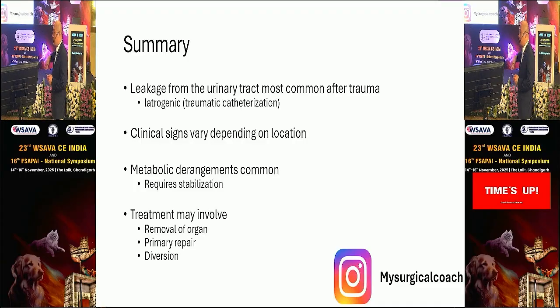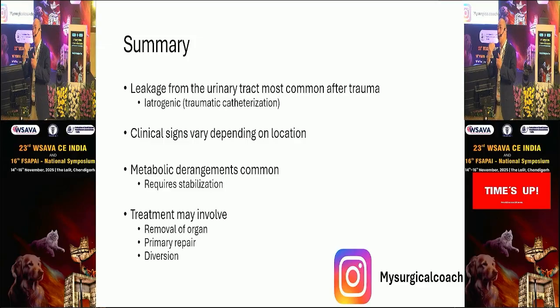Treatment may involve removal of an organ if it's very proximal, like the kidney. It may involve primary repair, for instance if it's the bladder. Or it may involve diversion, particularly if it's urethra and not a complete transection. Complete transections you have to suture, but if it's just a tear, as we most commonly see with traumatic catheterization, then that can be treated with diversion.